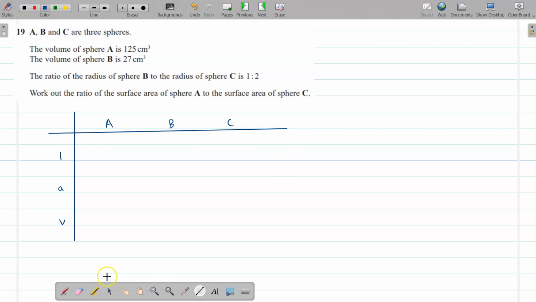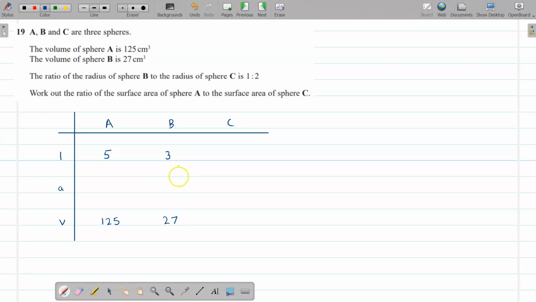So if I just take sphere A, we have its volume, and we also have that for B. So let's put that in first. The volume of A was 125, and the volume of B was 27. Now I'm going to cube root that to give me the ratio of the lengths.